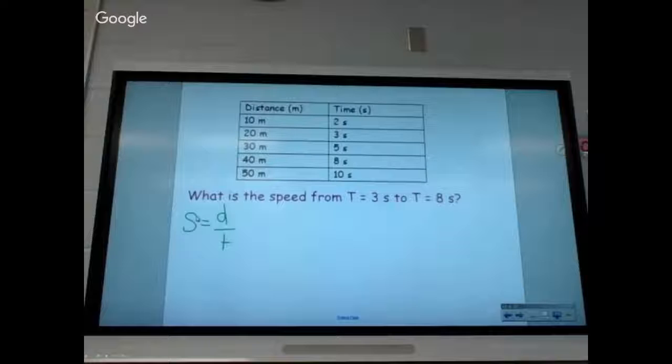Good try, though. Now, if we look at the chart that we have in front of us, I want you to find speed from t equals 3 to t equals 8 seconds.